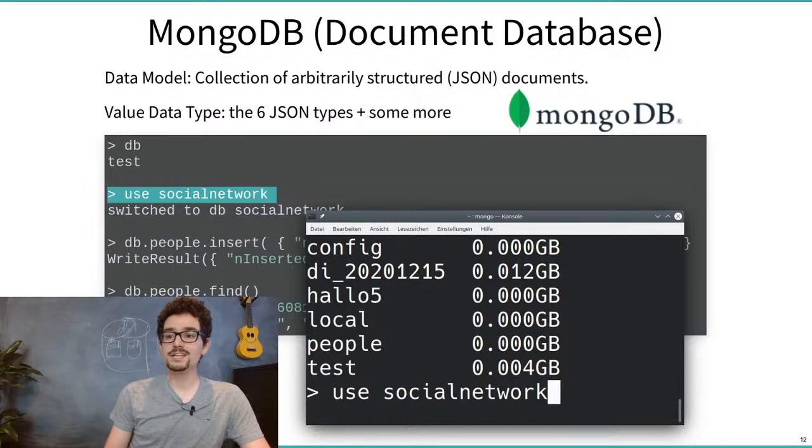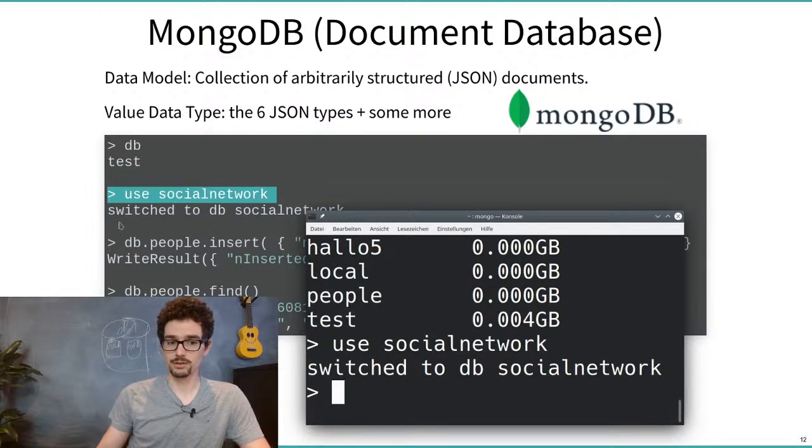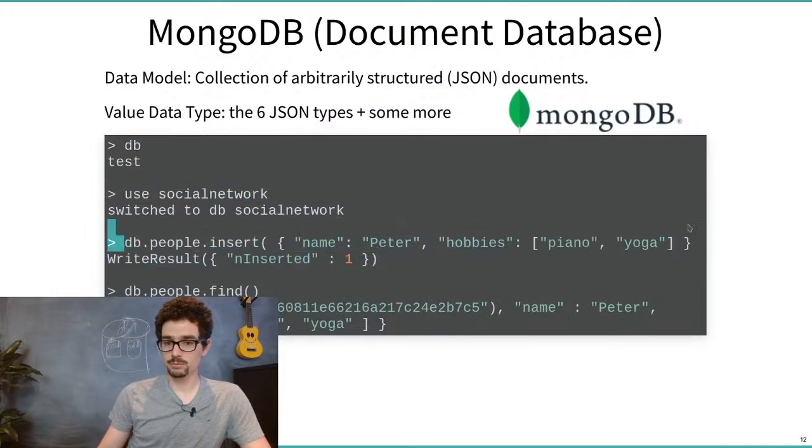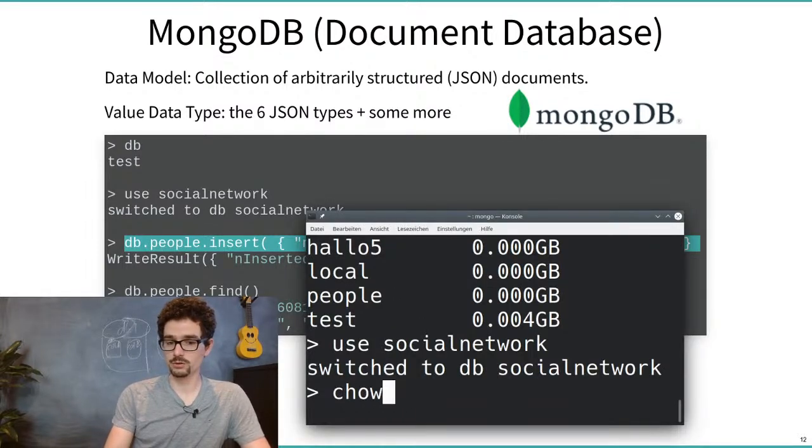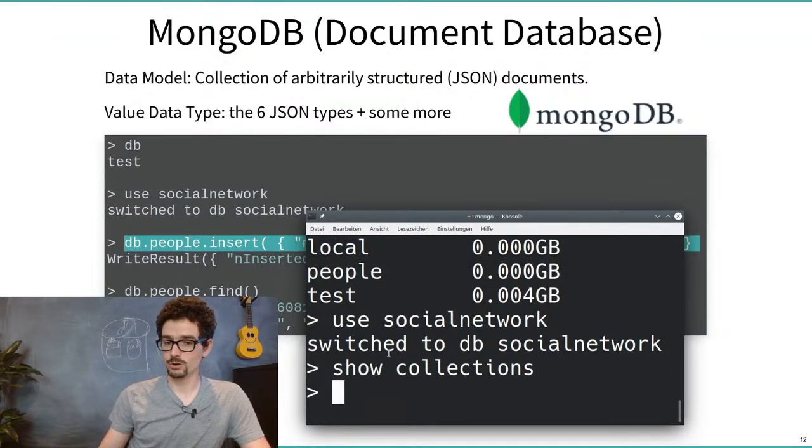And if we need to have it, for example when we insert something, I insert a person in a people collection. db.people means I work on the collection people, but there is no collection. Show collections: there is no collection because this database is not there.